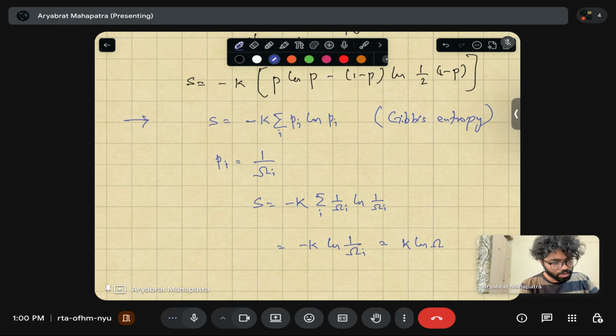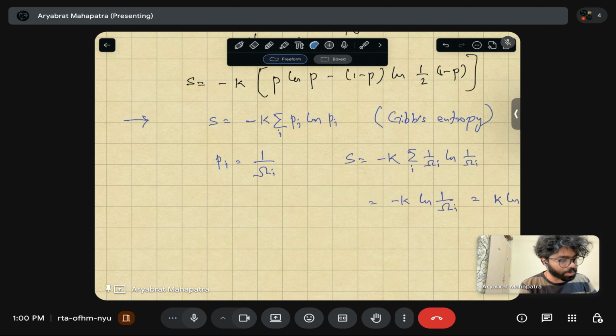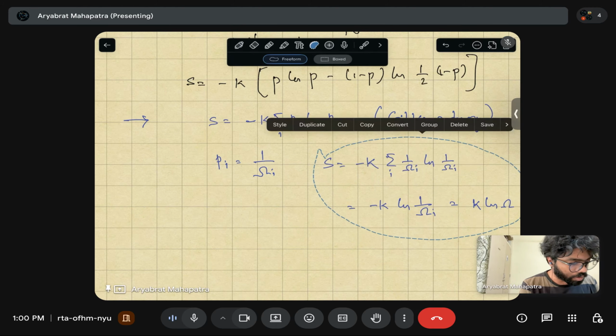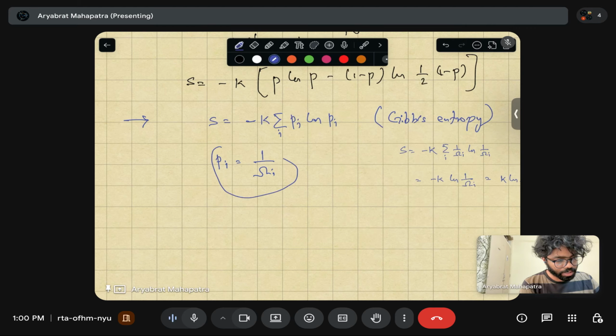So you can think of how the Gibbs entropy is related to the Boltzmann entropy, but we are using the Gibbs entropy here.